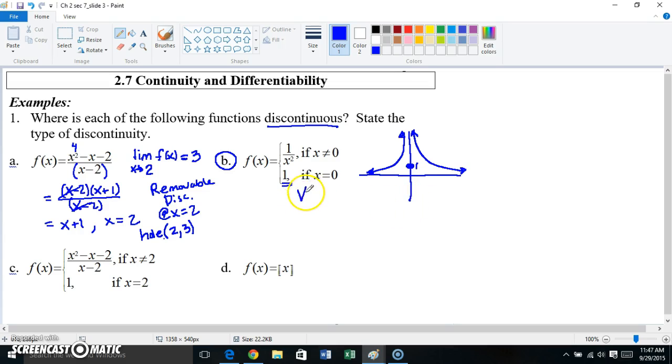Well, we would say it has a vertical asymptote. But I'd say that more if this point wasn't here, but the y-axis does serve as a vertical asymptote for this graph. So we could call that infinite discontinuity.